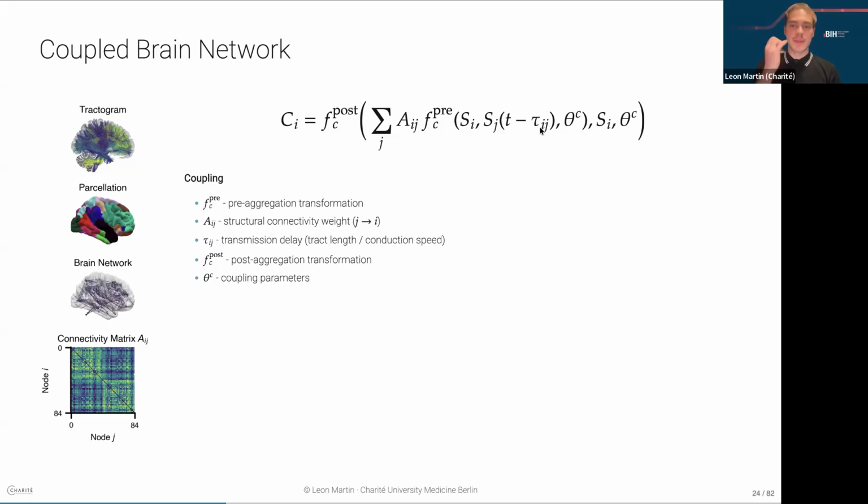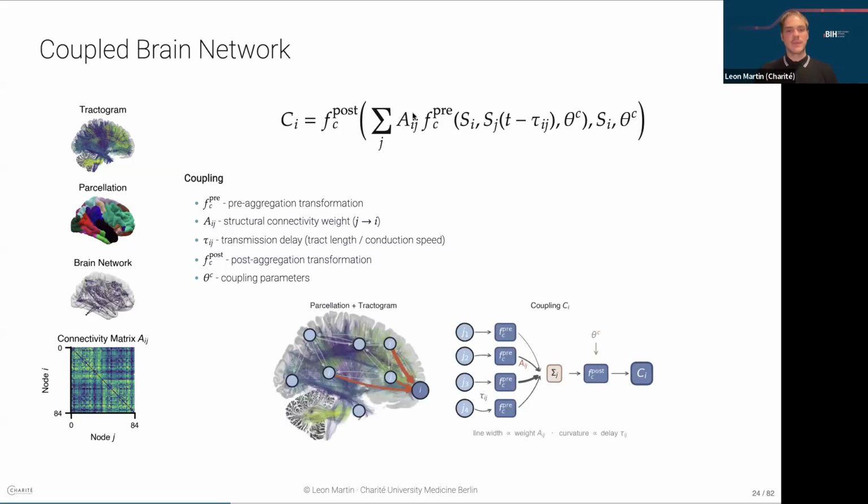And depending on the delay, it's also time lagged signal that is inputted in this presynaptic integration function and the parameters of the coupling function. Yeah, so that's maybe also answering the question of the person beforehand. So we have the integration of all nodes from 0 to j into one input for one node.